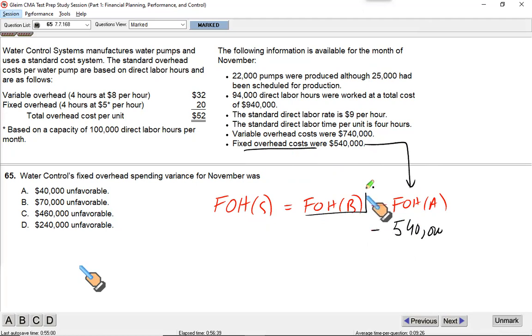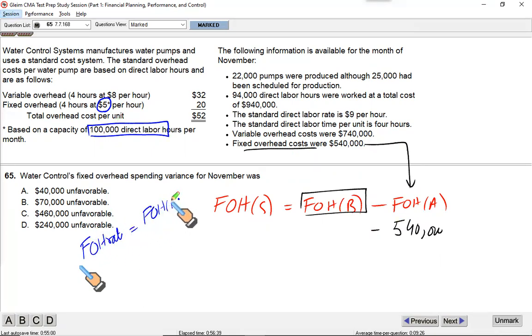But how do we calculate the fixed overhead budget? We have been given some information. If you use that information wisely, you can find it. Look at this. This is the fixed overhead rate, and this is the fixed overhead denominator level activity. We know how we calculate the fixed overhead rate. Fixed overhead rate is equal to fixed overhead budget divided by the activity, which in our question is given as 100,000 labor hours.